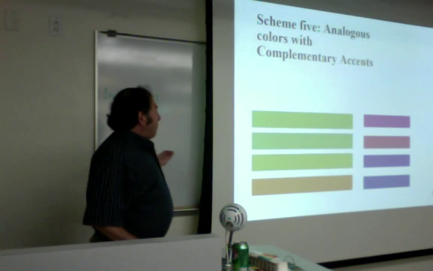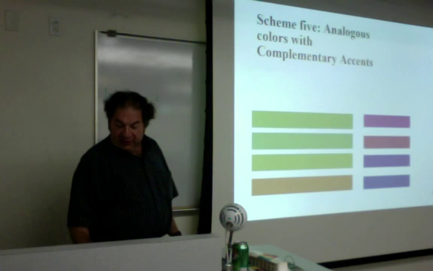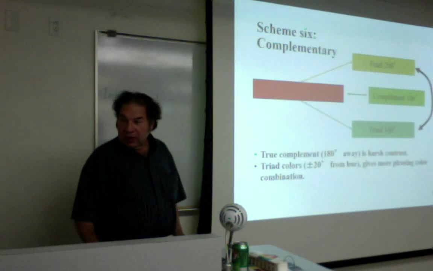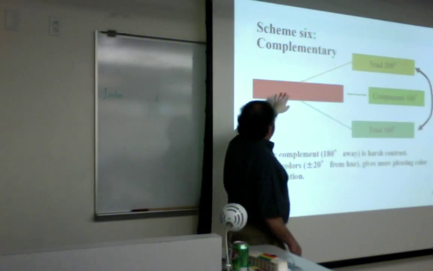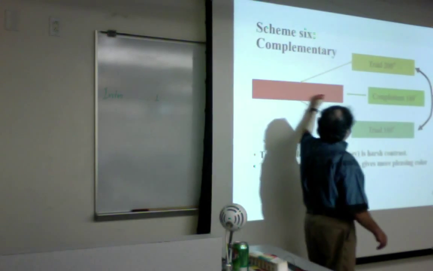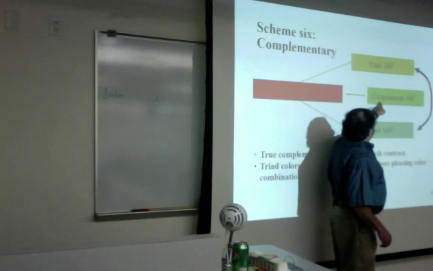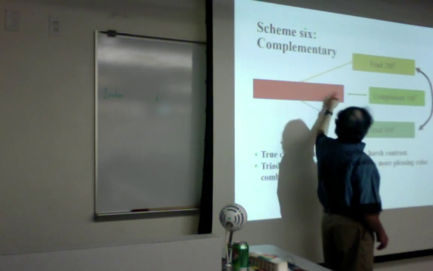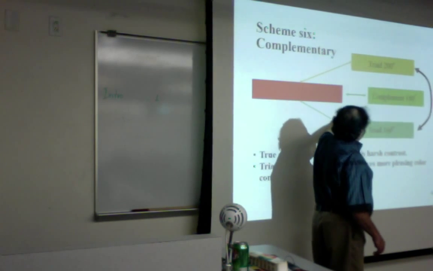Five colors with complementaries. Interesting color combinations. Now, this is called a triad. It involves an original hue, and then you go across the color wheel 180 degrees, and you get the other complementary color. And then, instead of going 180, you go 200 that way, and you go 160 this way.